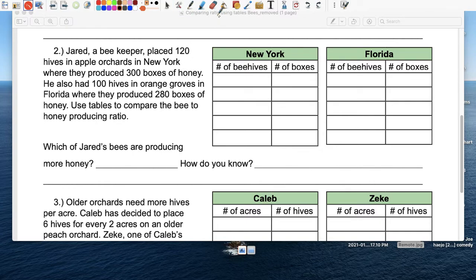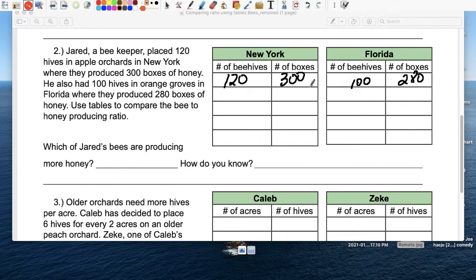In New York, 120 beehives producen 300 cajas de miel. And the other one, in Florida, 100 beehives trabajan y ellos producen 200 cajas de miel.